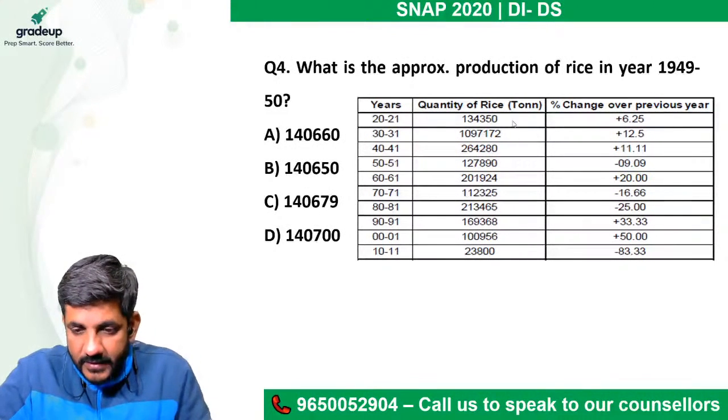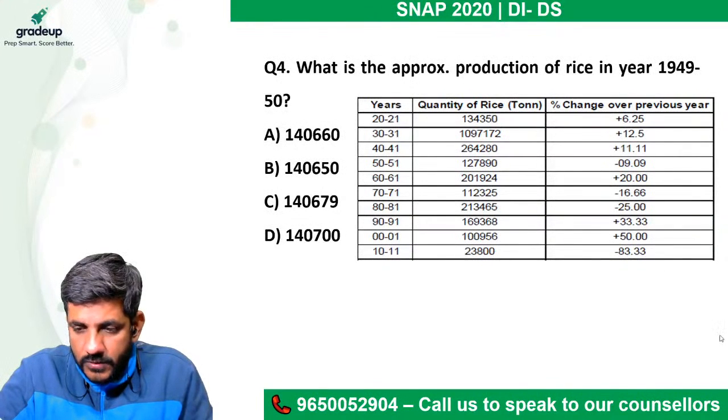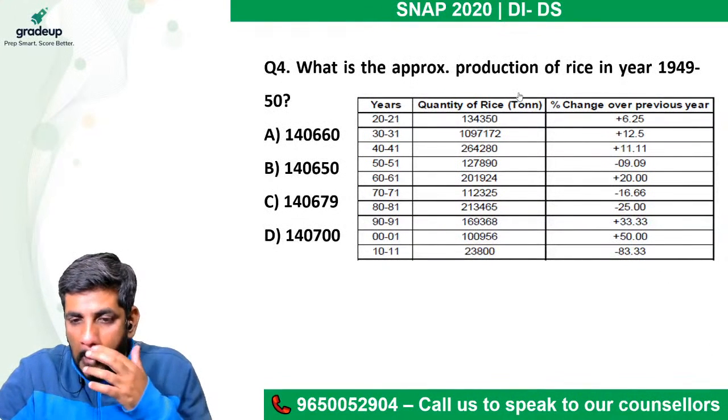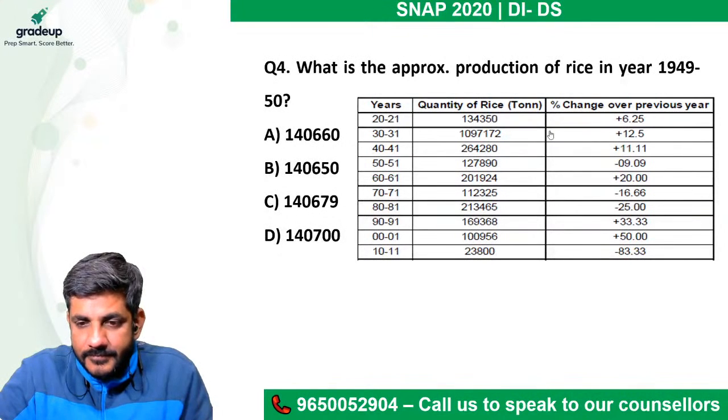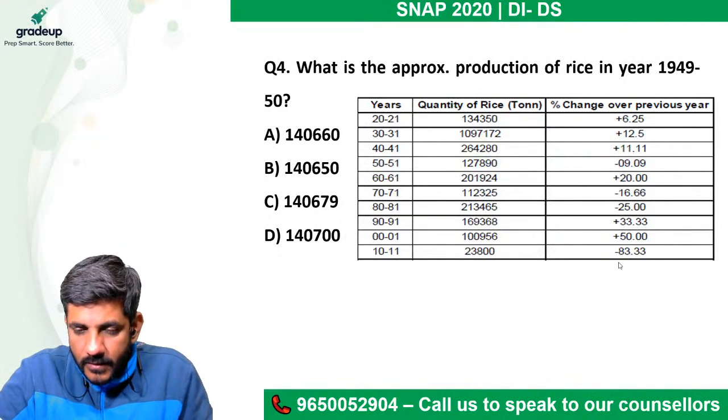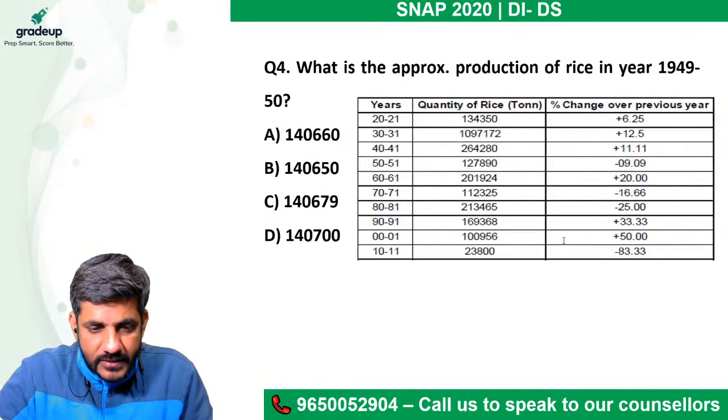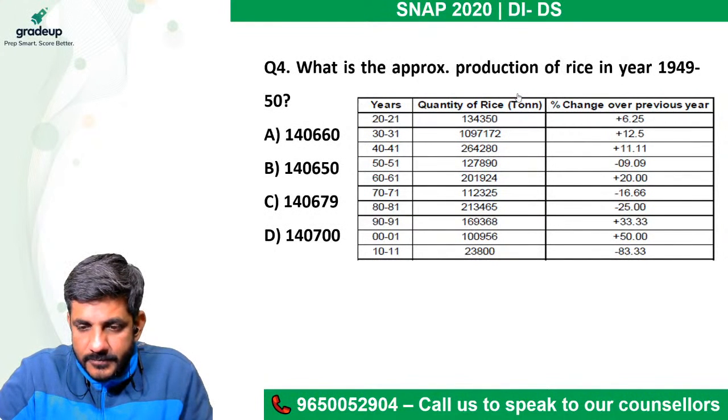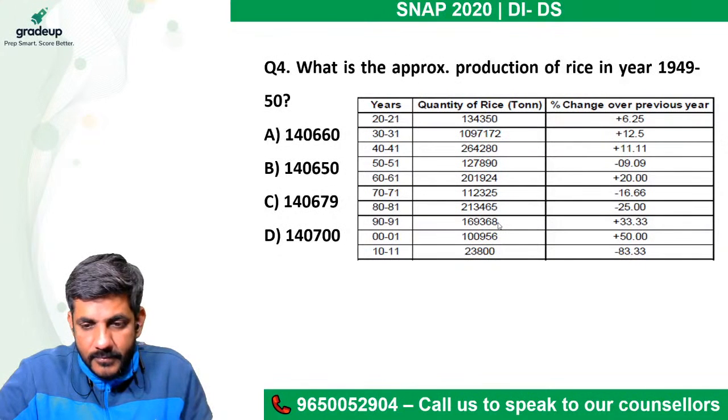Rishi Kumar says C. Okay, great, Rishi Kumar. Good. Any other answer? Yeah, got it, Rishi. 140679. So why am I not able to see any other answer? The guys on the app, they are not responding. Okay, Rishi, got it.